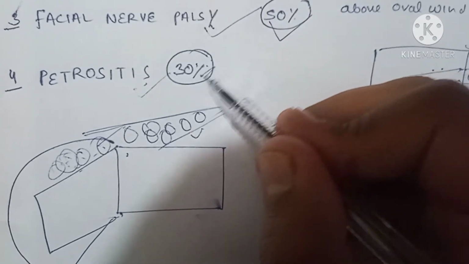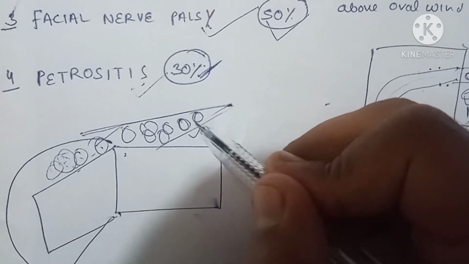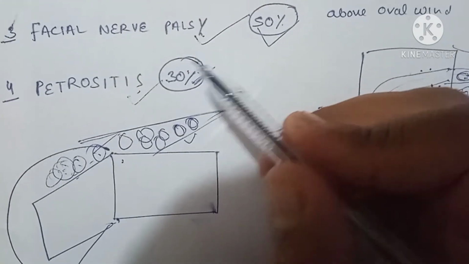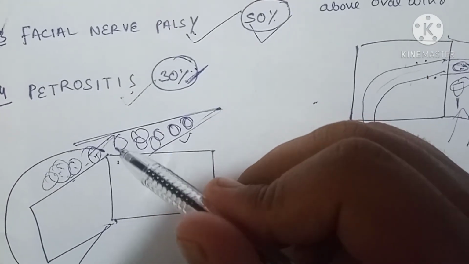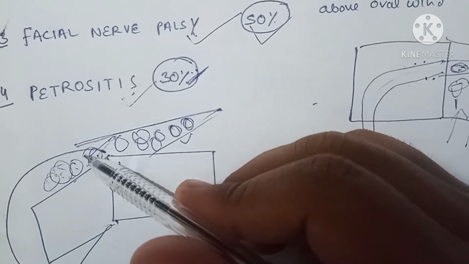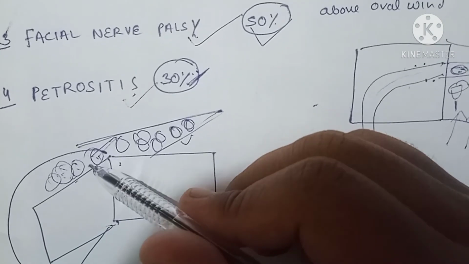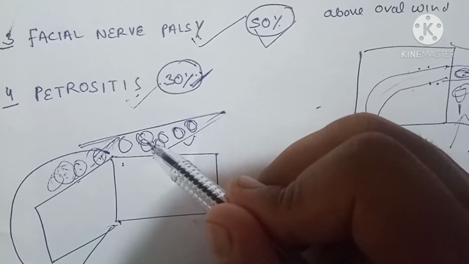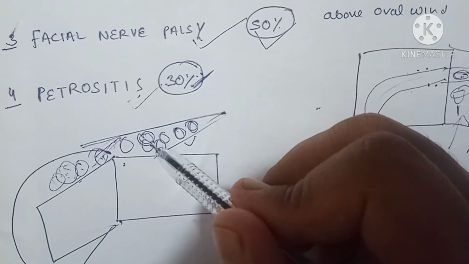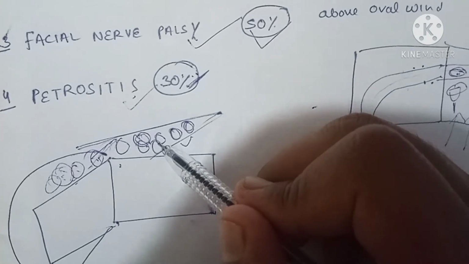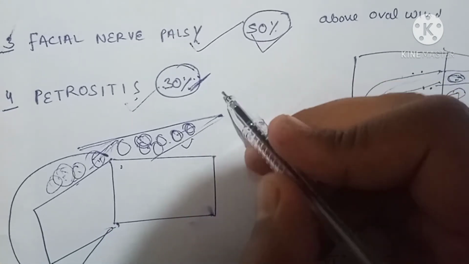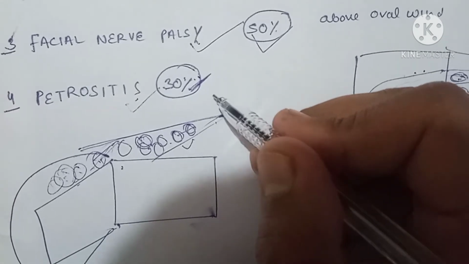Only 30% of the population has air cells within the petrous part of the temporal bone, and this occurs in these individuals where the infection from the mastoid, that is hyperemia, suppuration, and the pus-filled mastoid, travels within the petrous part of the temporal bone, leading to the same thing, the hyperemia and suppuration of the cells within the petrous part of the temporal bone. Finally, there is a pus-filled petrous.